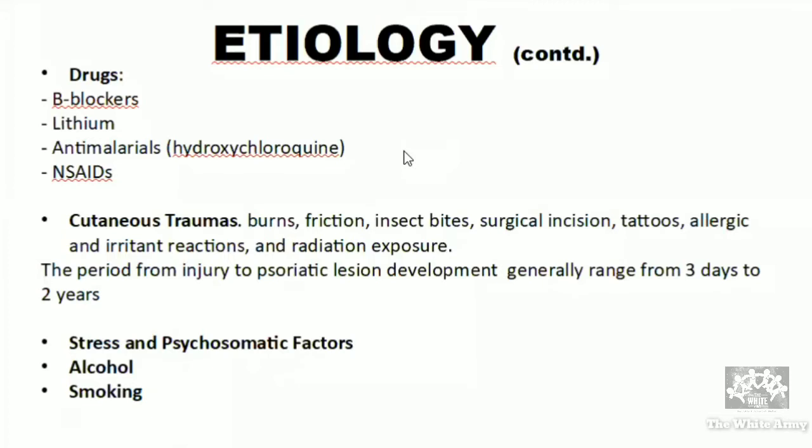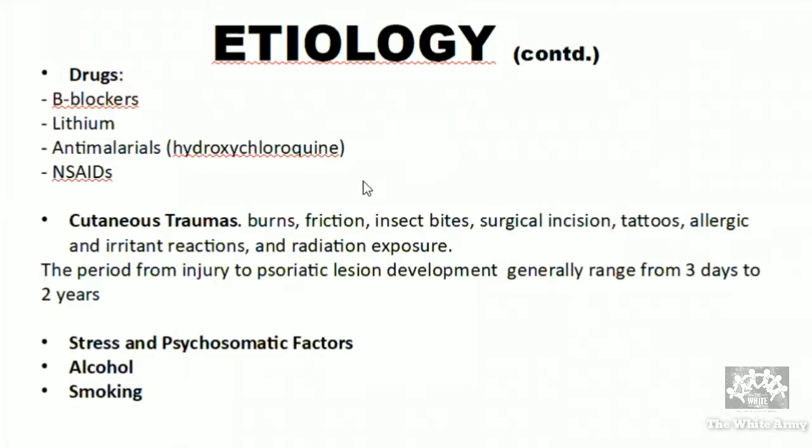The disease onset de novo with these drugs is very rare, but once they have a genetic susceptibility, or if they have a milder psoriatic disease, once you start these drugs, there will be exacerbation of the disease. So these psoriasis patients, these drugs should be avoided in them. Okay, beta blockers, lithium, and antimalarials and NSAIDs.